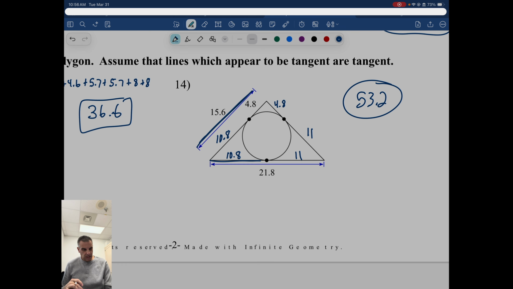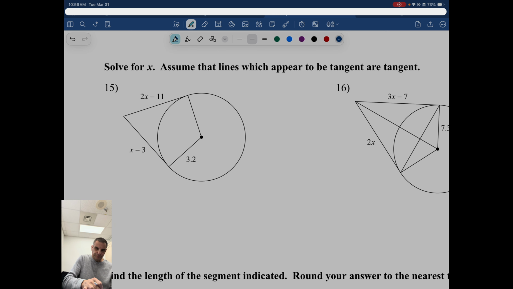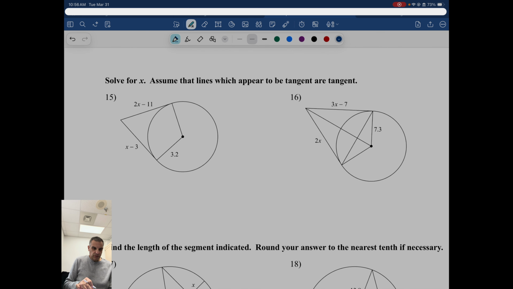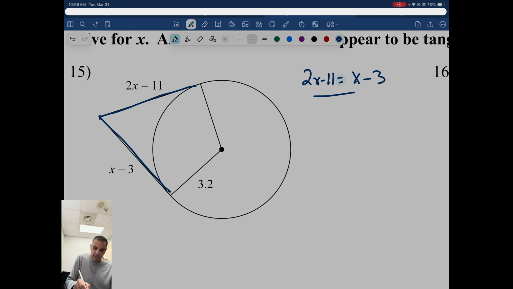Okay. On to the next page. Solve for x. Assume that they're tangents. Okay, I can do that. So if they're tangents, that means this and this are tangent lines. So 2x minus 11 has to equal x minus 3.